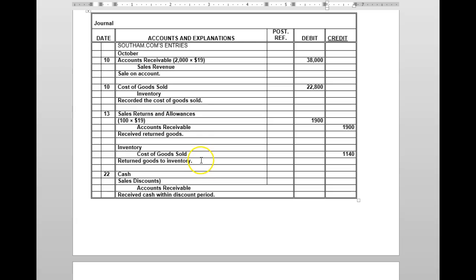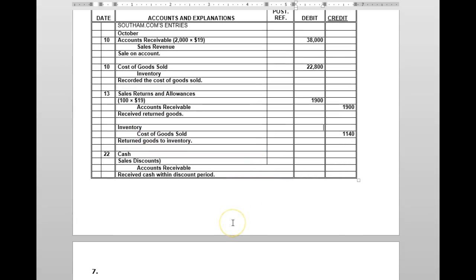That has to come out of my cost of goods sold, because that material was returned. I also have to put it back into my inventory to show that my inventory's gone up. Even though they were damaged, I'll do a different adjustment for damaged goods at the end of the period, or the end of the year. But right now, I've got to put it back into inventory.